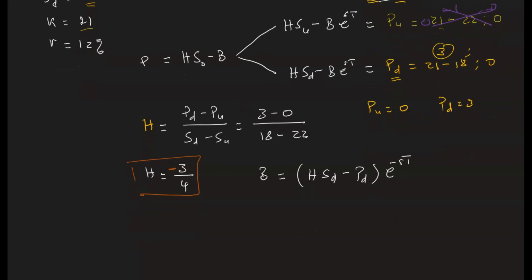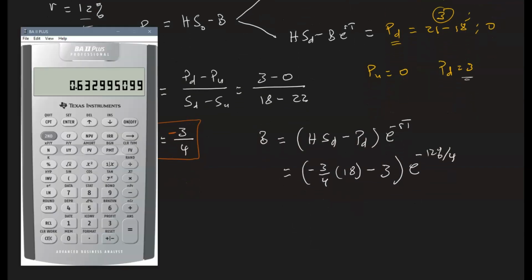So B is going to be equal to minus 3/4 multiplied by stock down, which is 18, minus put down, and put down, you remember, was 3, and then we take the present value of that at 12%, and remember T remains the same. T is 1/4 because it's 3 months, so minus 12% divided by 4.